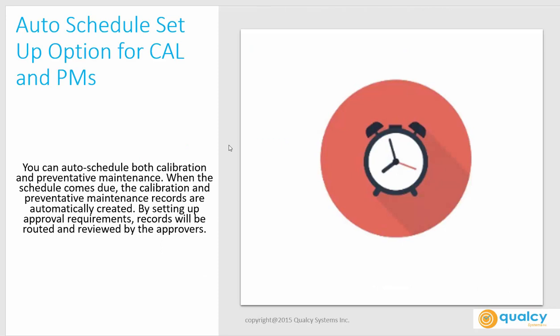Also, it's very challenging, as we have seen, to set up a schedule and make sure that the schedule is implemented in a timely manner. If you have missed calibrating a piece of equipment as per the schedule, potentially you have created a deviation.